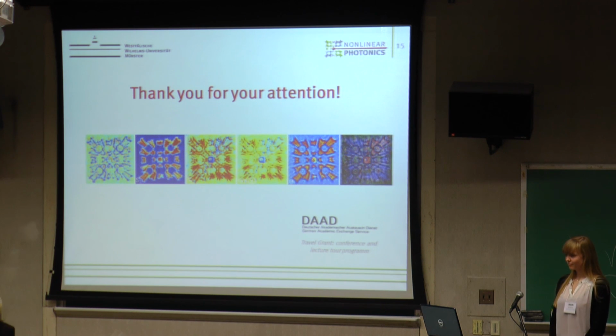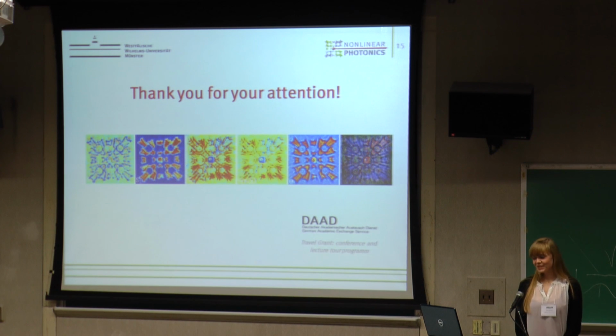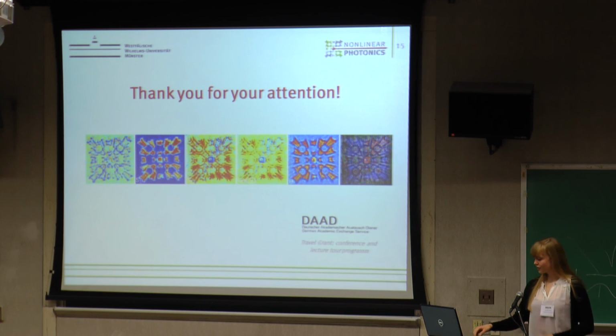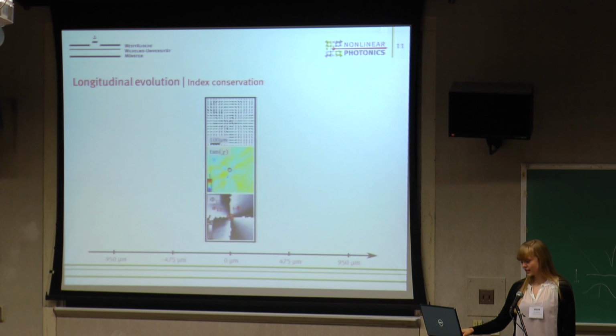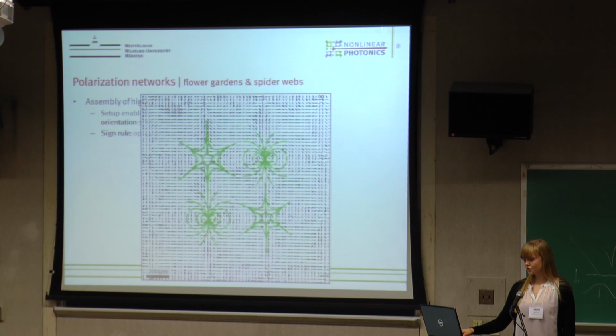Thank you. Questions, please. I have a question. How do you define the phase for inhomogeneous polarized light? It's not the phase, it's the phase of the complex Stokes field. So the complex phase. We have the definition of our Stokes field as S1 plus the complex i times S2.